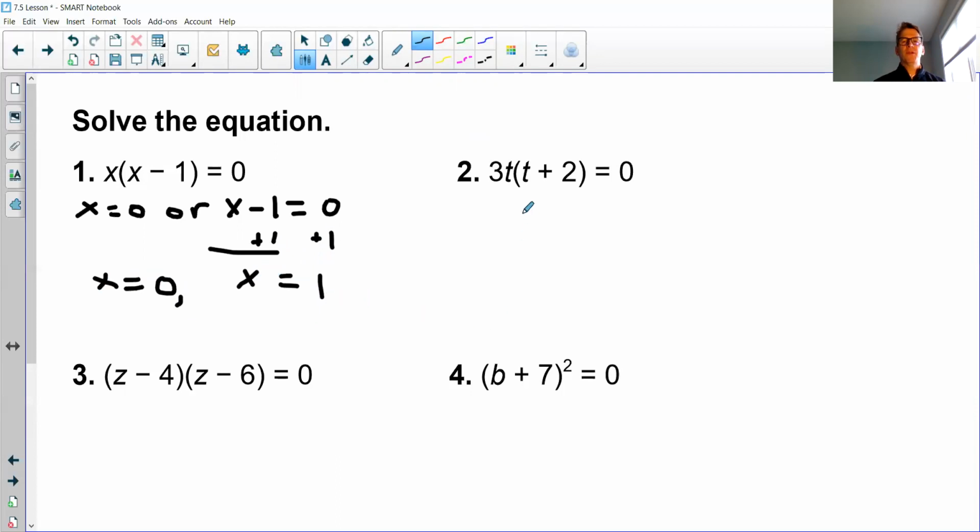Number 2, 3t times t plus 2 equals 0. That tells you that 3t equals 0, or t plus 2 equals 0.